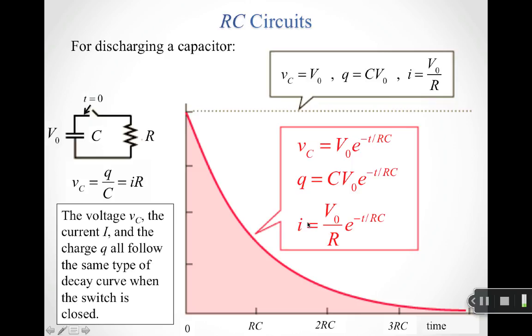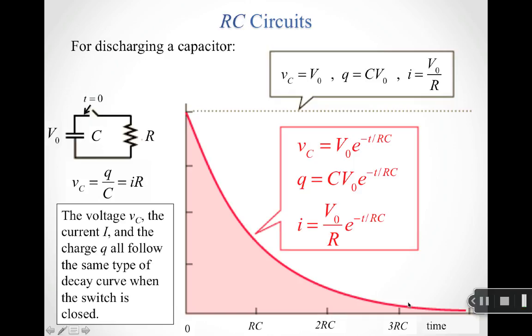Depending on which of these curves you're interested in, the voltage across the capacitor, the charge, or the current, the maximum value that you start with will be either the original voltage on the capacitor, the original charge on the capacitor, or the maximum current flowing through the circuit. So all three of these curves, if I'm discharging, look the same.